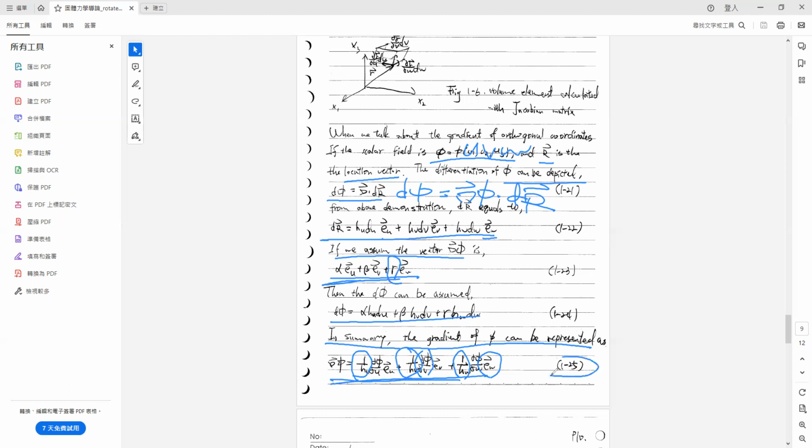This equation 1.25 is very important. When we calculate in Cartesian coordinates, spherical coordinates, cylindrical coordinates, or any other curvilinear coordinates, we can use this gradient to describe the scalar field in any orthogonal curvilinear coordinate. And we will use this tool later.